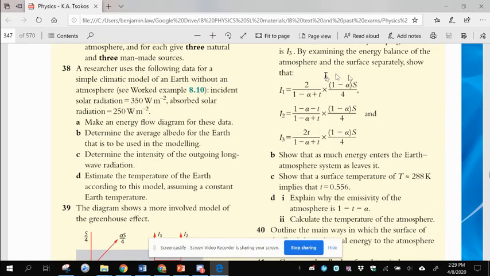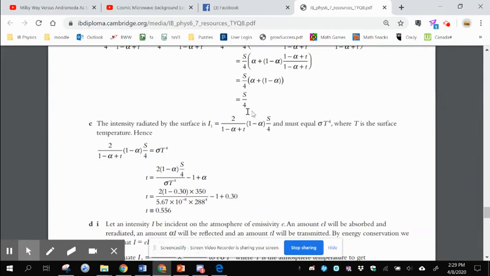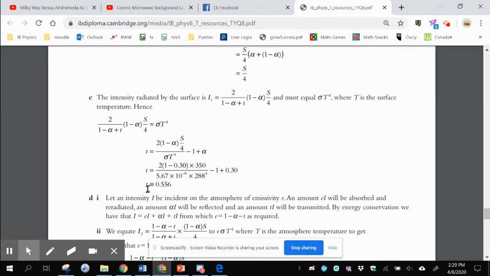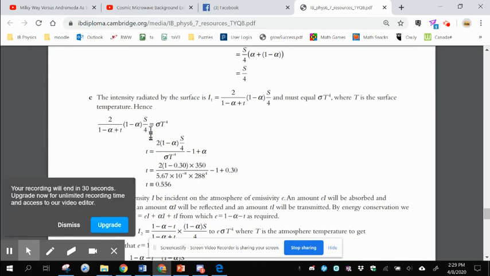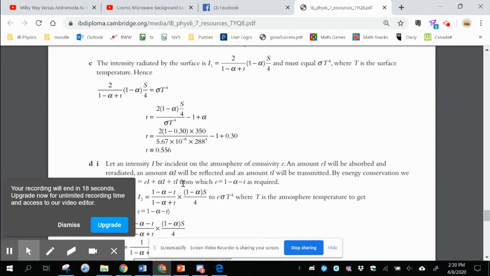I1 right here. So I1 equals sigma T to the 4. We know everything here except little t. We know alpha, the albedo, and we know S over 4, which is 350 watts per meter squared. We know the temperature, 288. So put all these back into the equation and just isolate t. And that's how we figure out t.